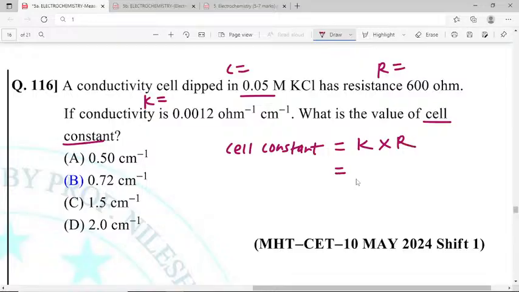So what is the value for conductivity? 0.0012 multiply by resistance 600. So this is multiply by 6. So 0.12. So this is your answer, 0.72.